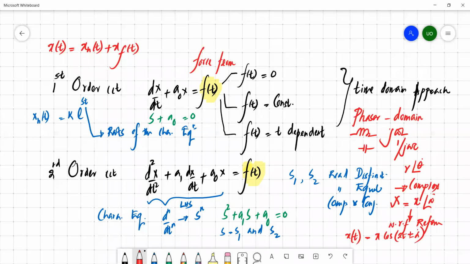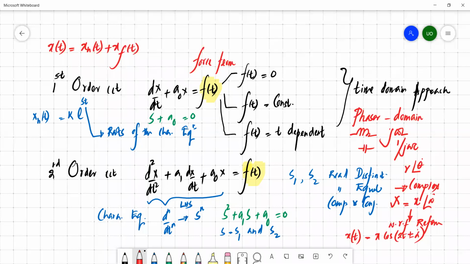The amplitude appears as it is, and the phasor angle appears as the additional phase shift with respect to the reference we select.